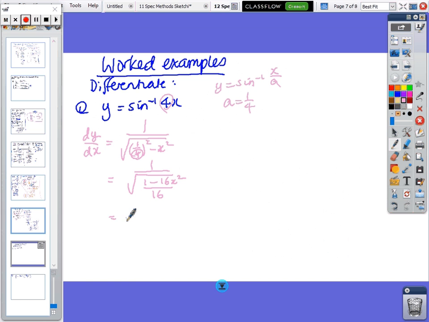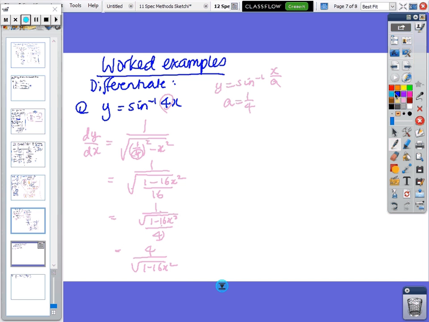And then we've got 1 over the square root of 1 minus 16x squared, which you cannot square root because there's a minus sign in between. But the square root of 16 equals 4. And when we divide by a fraction, we multiply by the reciprocal, so that 4 comes up to the top. And so our final answer is that.